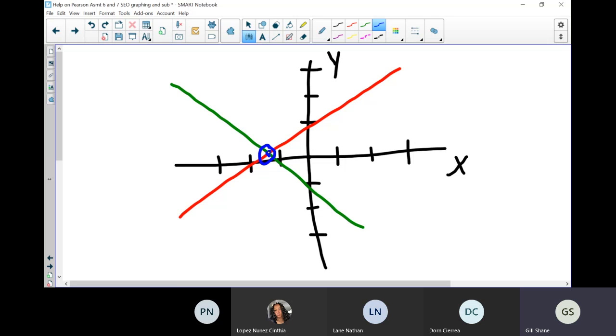Anyway, so what I need to do now is figure out what that point is. Well, the problem is it doesn't exactly match up with any of these numbers, right? It doesn't match up right here with -1 or -2, and it doesn't match up with 0 or +1 on the y-axis. It's in between. So you have to estimate what that value is.